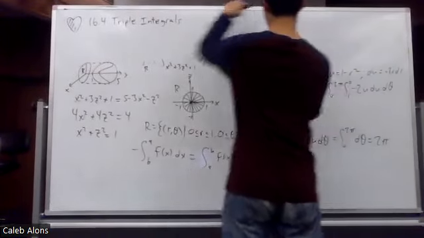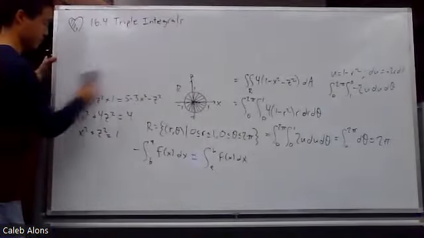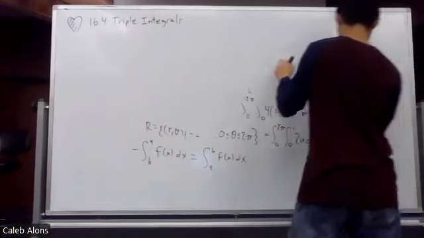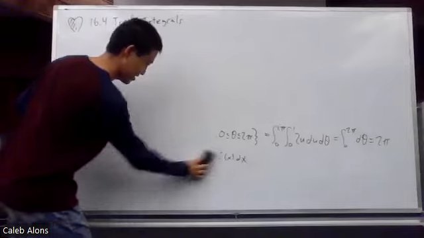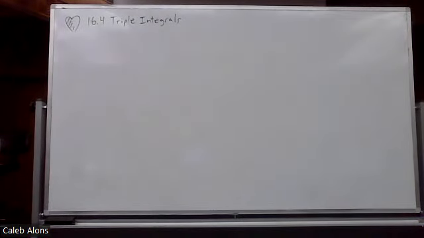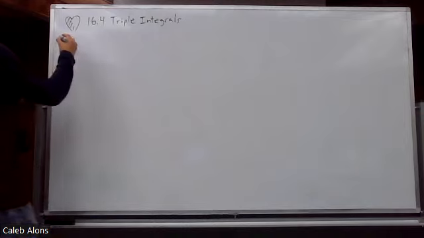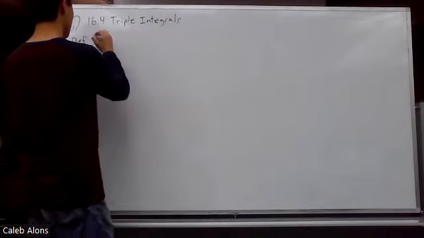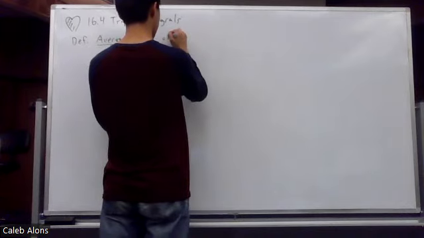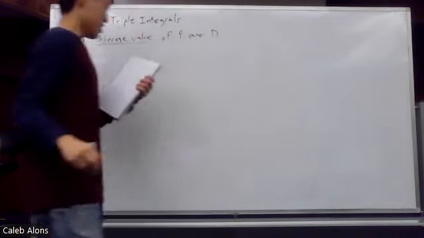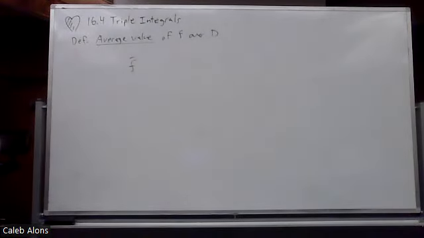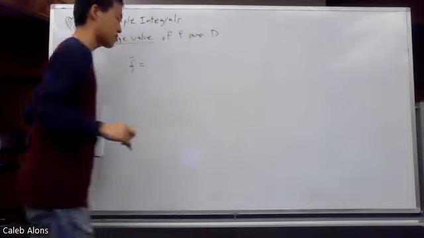Definition: average value of a function f over a region D. Actually, you should know what this is, just by nature of doing the average value of f over R. So let's see.